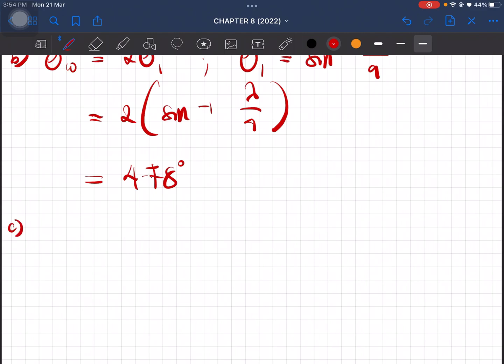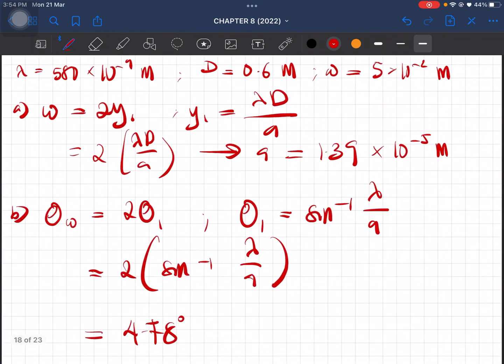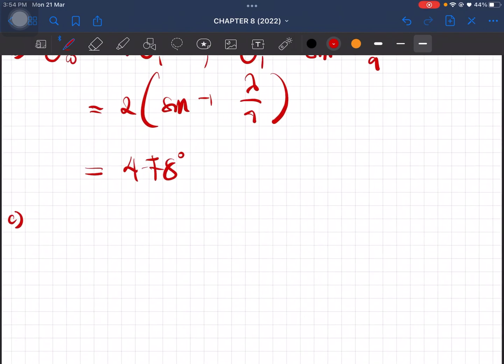Okay, and then question C, it asks us to calculate the number of minimums that can be observed on the screen. Okay, number of minimum, we have to apply the equation for minimum fringe, which is a sine theta equal to n lambda. Okay, so we know that for the maximum order of the minimum fringe, we have to take theta to be equal to 90 degree, right?